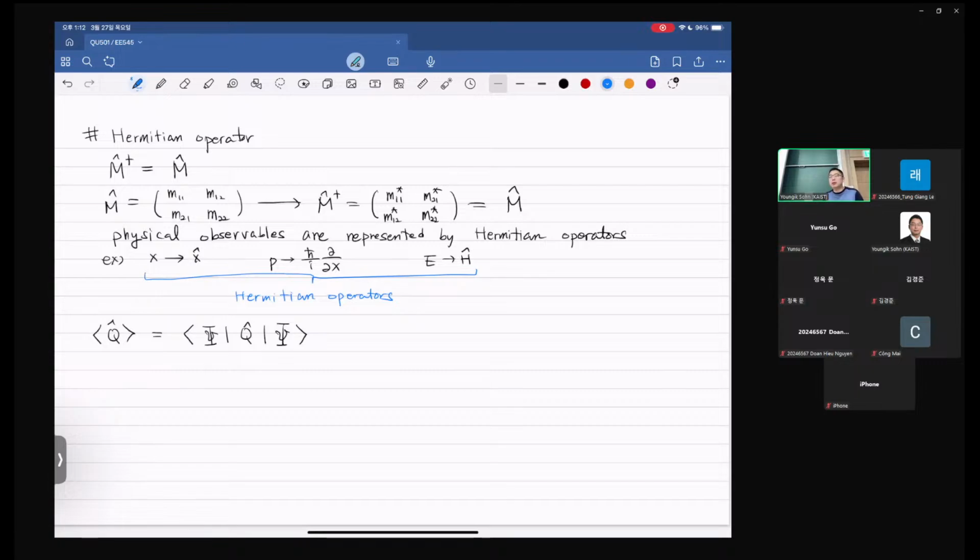So let's get down to earth and think about what its form is if I write it as a matrix. It's always helpful to do that. Let's assume we're working with an n-dimensional Hilbert space. Basically, the number of elements in your basis set is n.